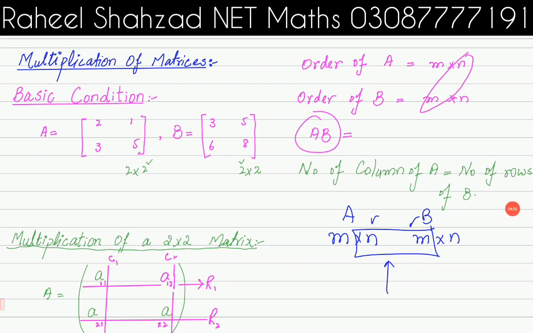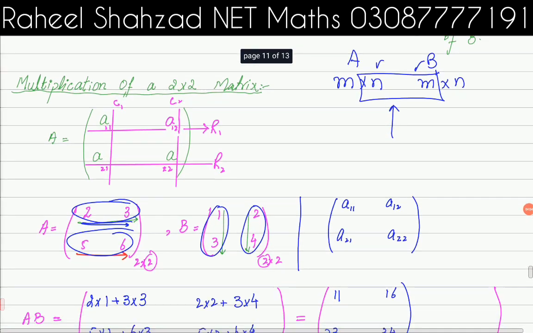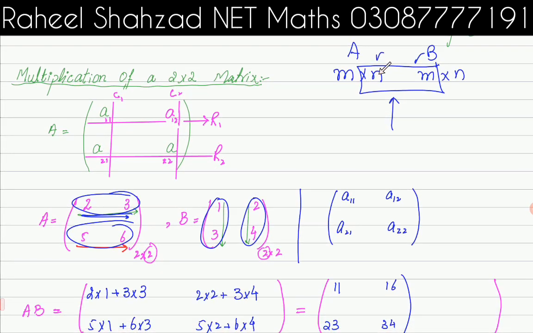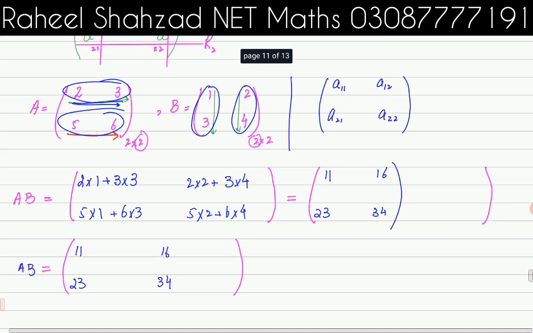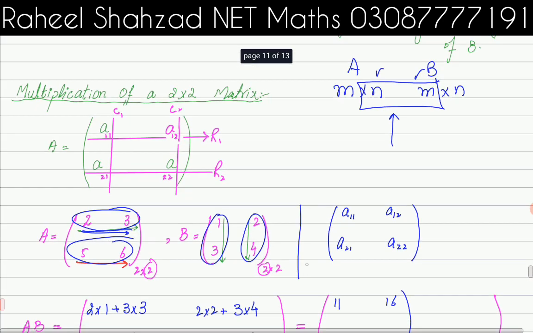For example, this is how we execute multiplication: first row first column, first row second column, second row first column, second row second column.